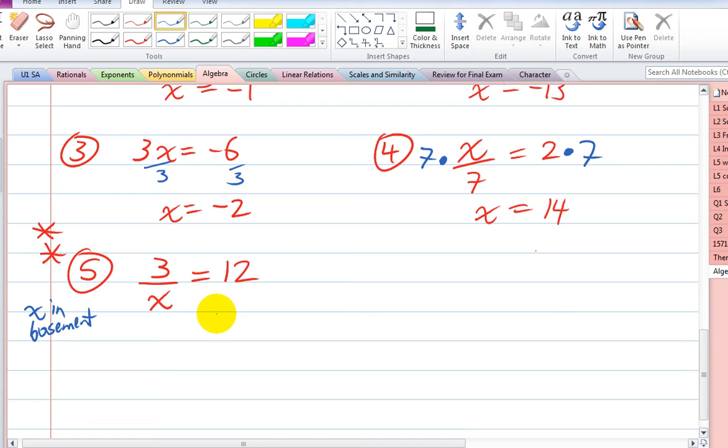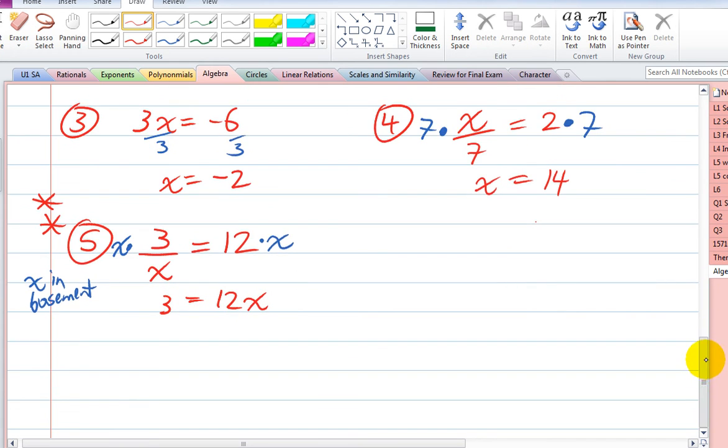You could do that if this was 12 over 1, which you could do. There's another way as well, though. Let me say it to you. 3 divided by x. Divided by x, multiply by x. So we times this side by x. Are we balanced? No. What do we have to do to the other side? Times by x. So we get 3 equals 12 times x.